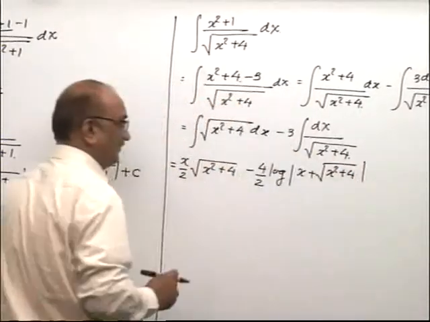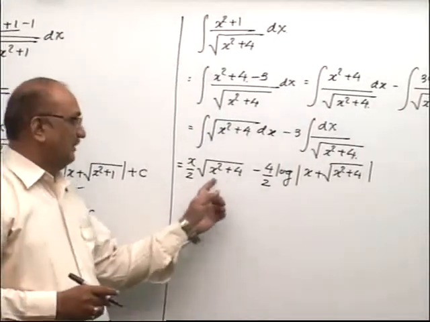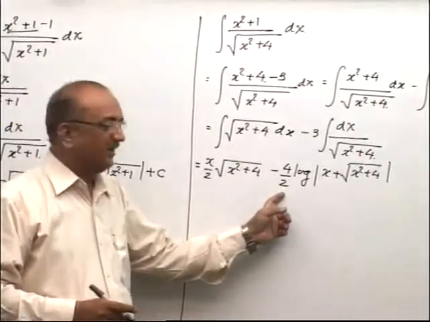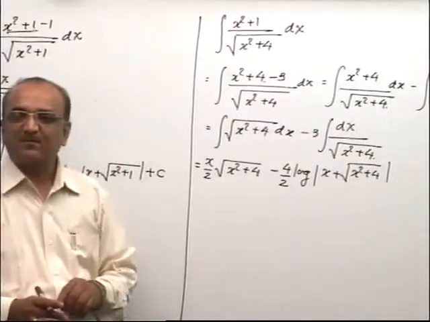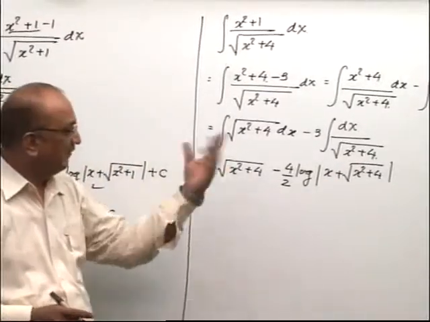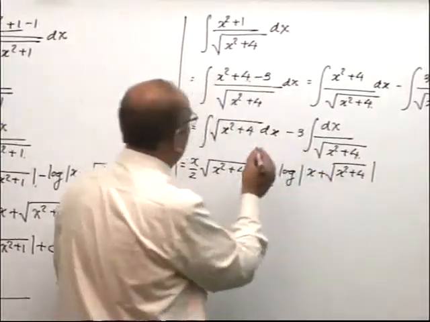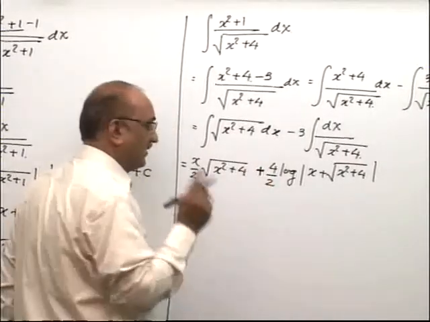4 by 2 log of modulus x plus root of (x square plus 4). Mod complete. X by 2 into root of (x square plus 4) plus, sorry, here the x square plus 4 is given, write down plus 4, there is a mistake here, this is plus 4, okay.